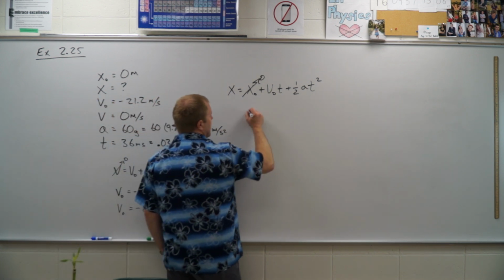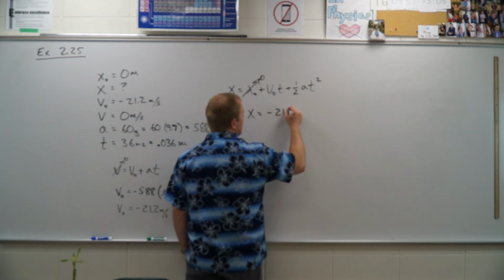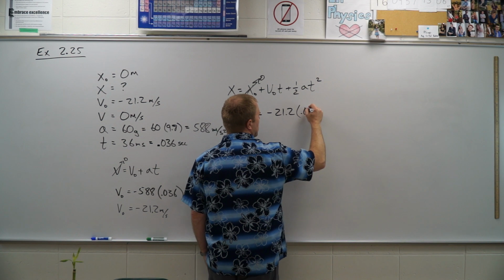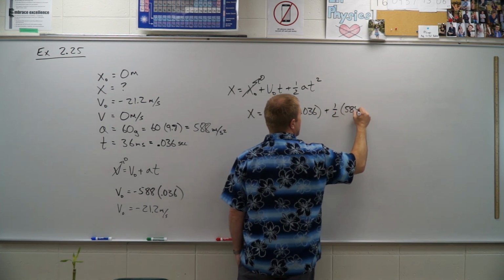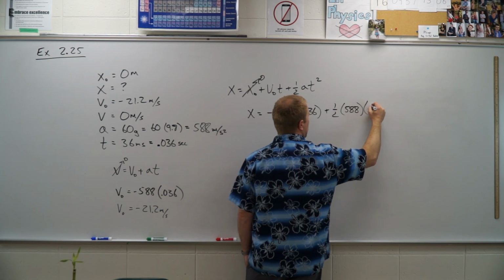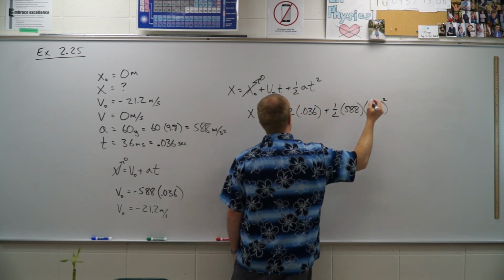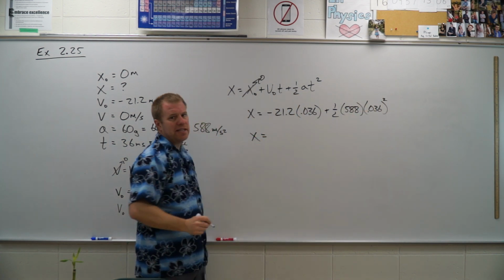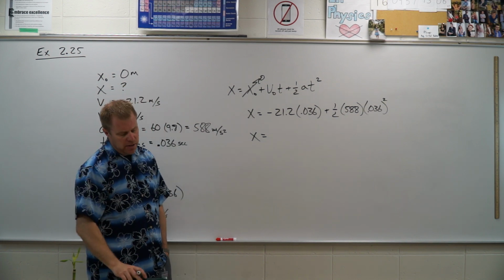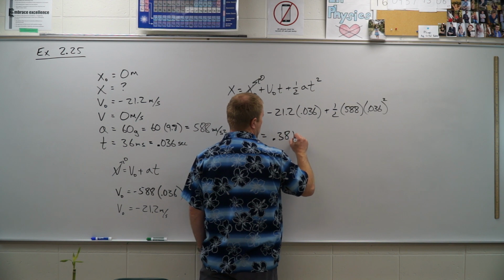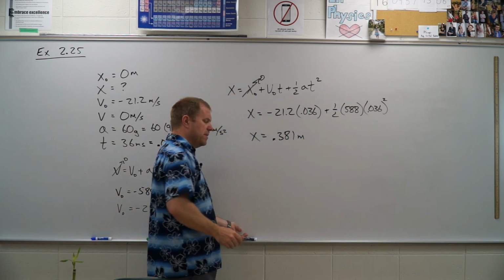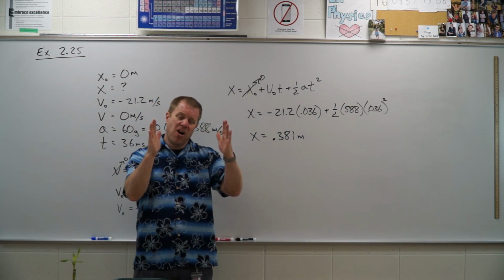Plug in my numbers, so I have x is equal to negative 21.2 times my 0.036 plus my 1/2 times my 588 times my 0.036 squared. When we put that all together, we should end up with a pretty small number. You should get about 0.381 meters. That's about 38 centimeters.